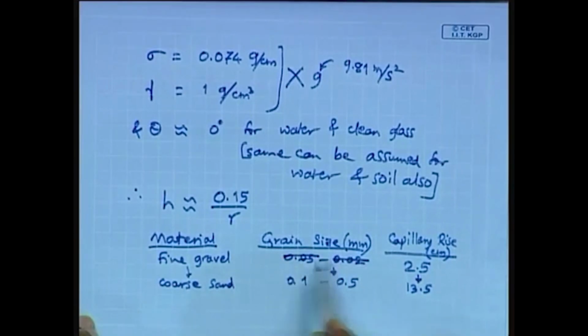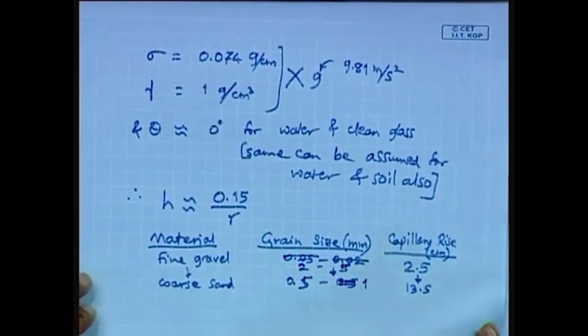The grain size is 2 to 5, and for coarse sand the grain size is 0.5 to 1. Let me rewrite this again.